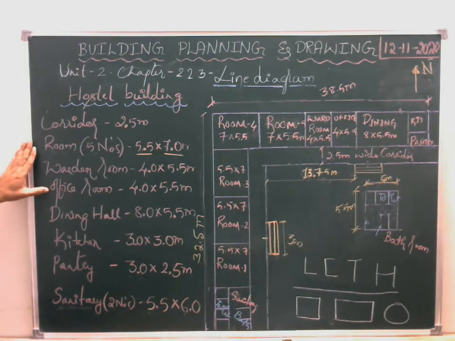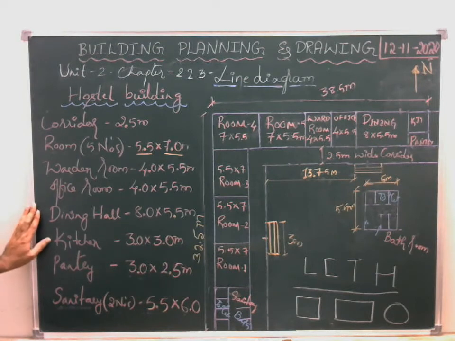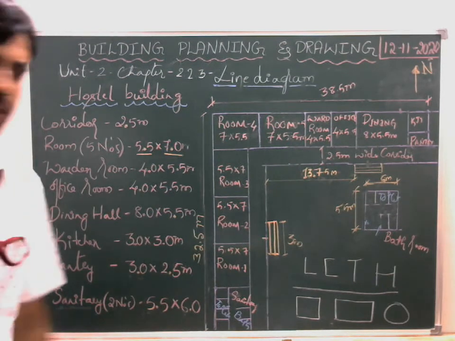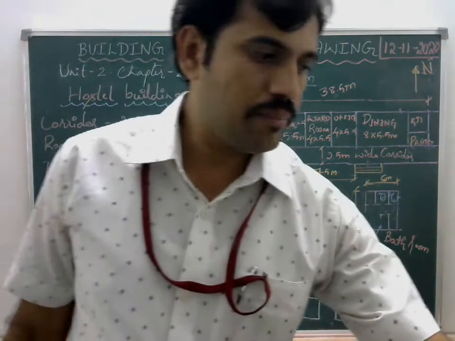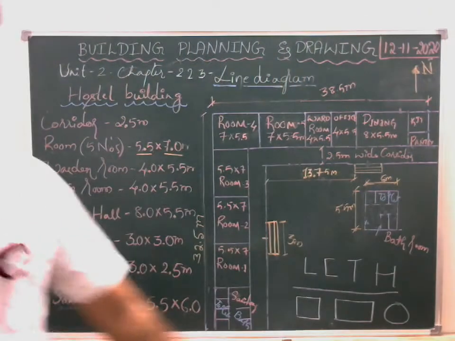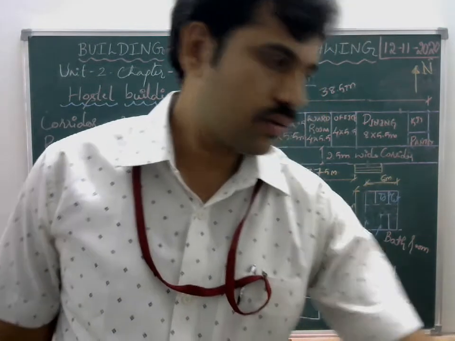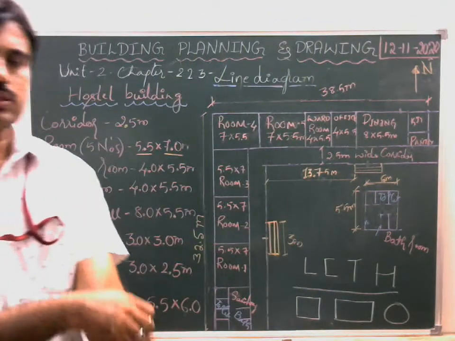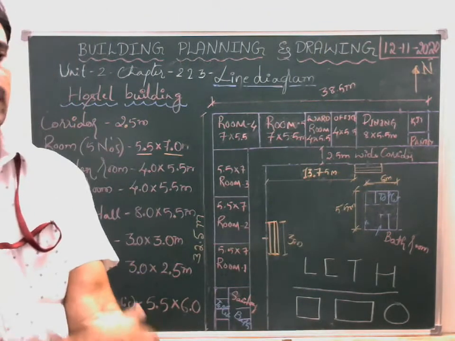An office room will be there, and a dining hall, and we have to provide a kitchen, and beside that a pantry, and sanitary. In that we provide toilet and bathroom. So these are the basic things we have to add in a hostel building. Again, it depends on whether it is a ladies hostel or a boys hostel. It varies.